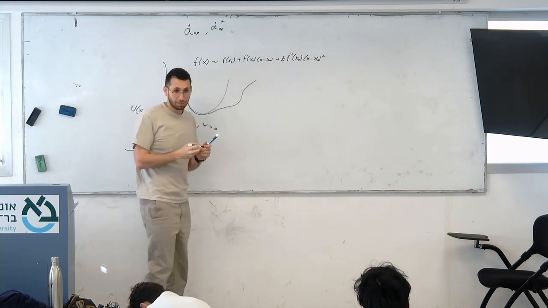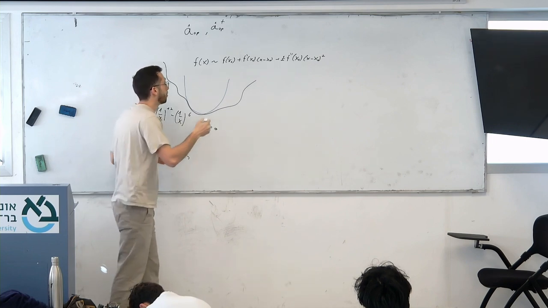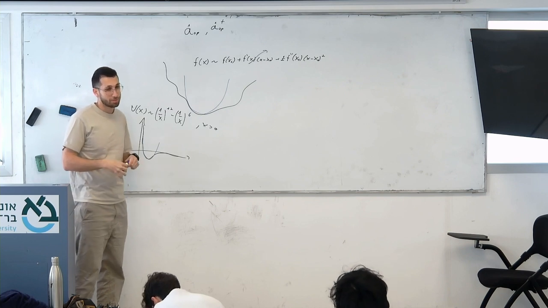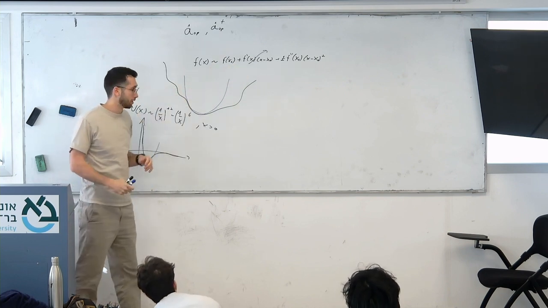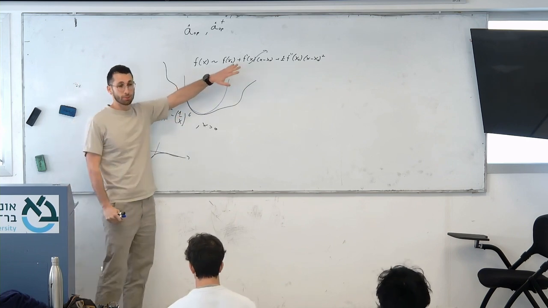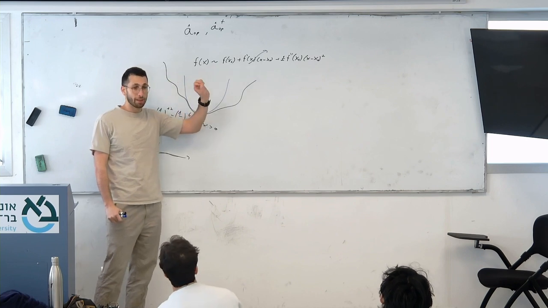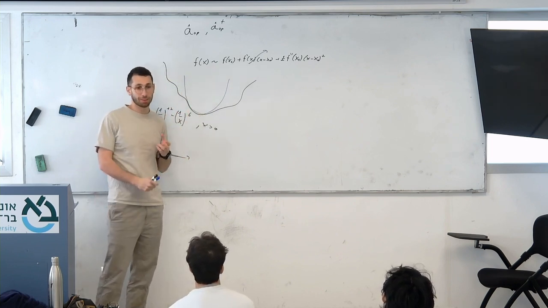Because this function is around its minima, the first-derivative term goes to garbage, because f prime is 0. So this is one of the reasons we care so much about harmonic oscillators: almost anything can be approximated as a harmonic oscillator.